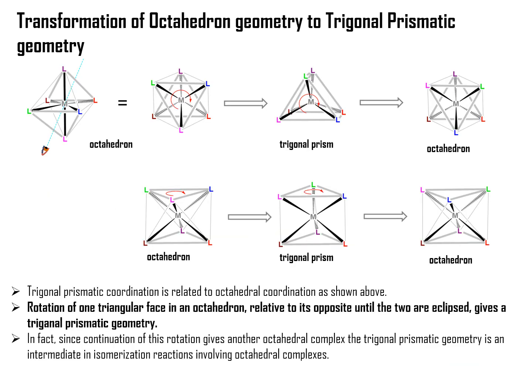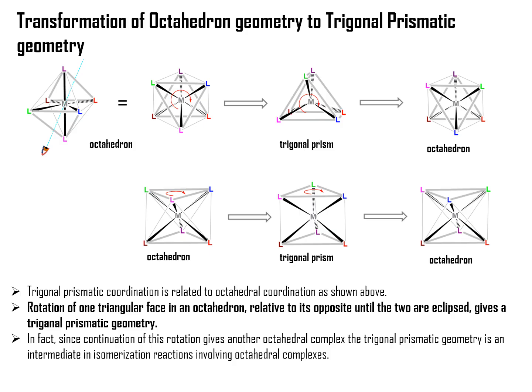Now let's move to octahedral geometry. Coordination number 6 is the most common in coordination chemistry. The usual geometry is octahedral, as seen in the hexaammine cobalt ion.